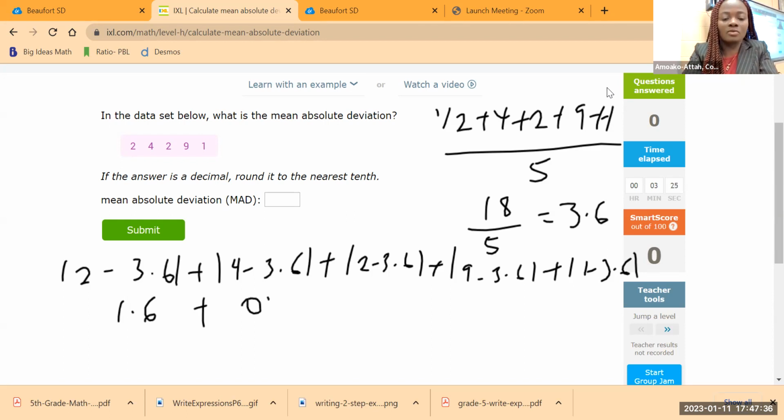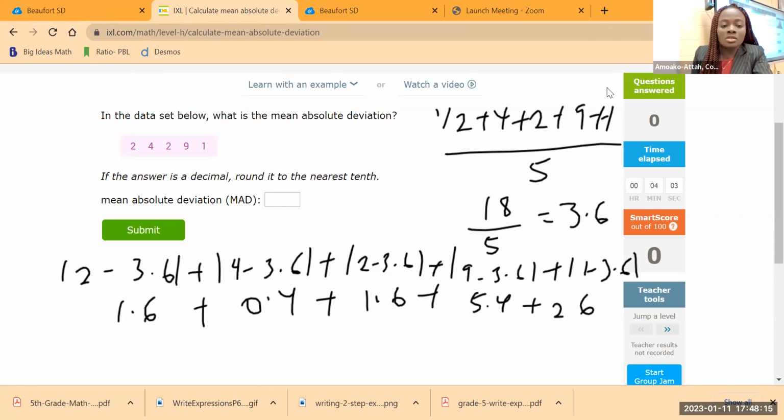It's 0.4. Plus 2 minus 3.6, 1.6, plus 9 minus 3.6, 5.4, plus 1 minus 3.6, which gives 2.6.